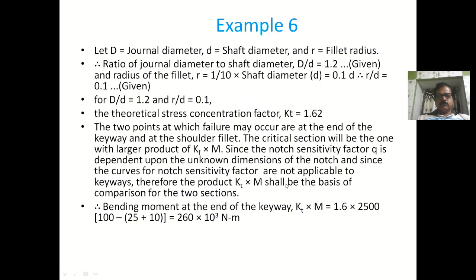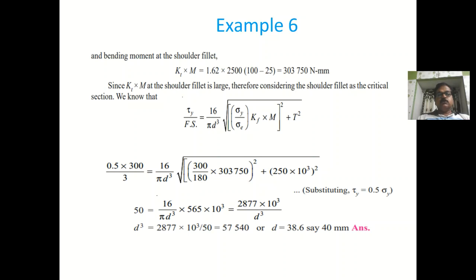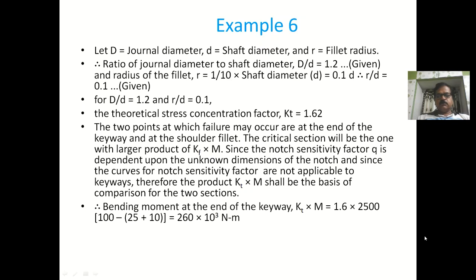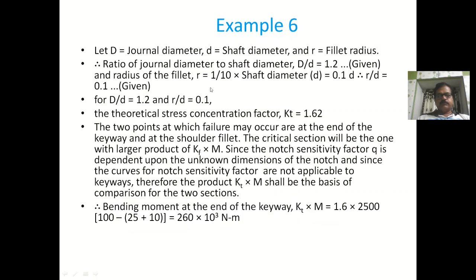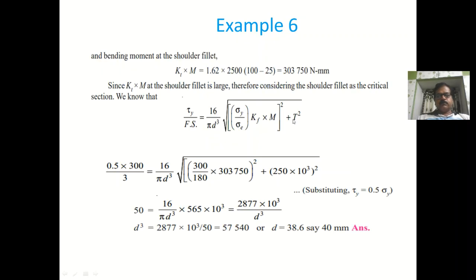Tau is given as 250 into 10 power 3, that is the torque applied, and the bending moment applied is sigma y by sigma e into Kf into M. Sigma y is 300 and sigma e is 180, and Kf into M is 303,750.